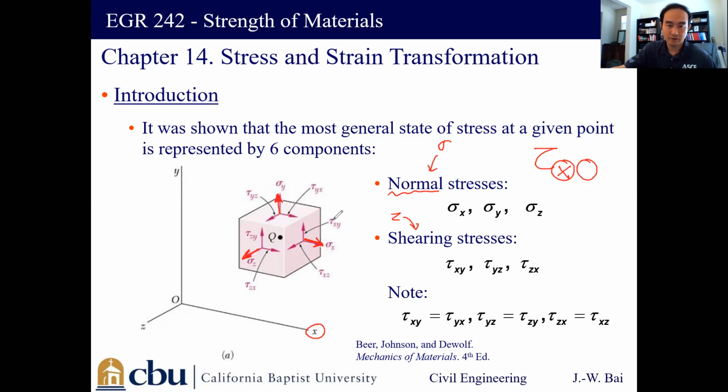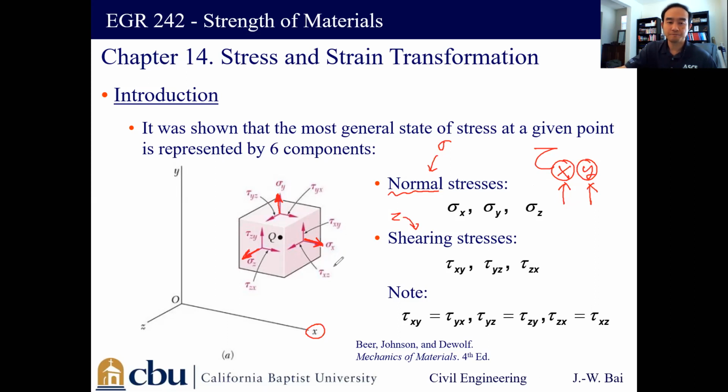That's how we determine the first subscript. The second one comes from the direction: which axis the component is parallel to. In this case we have two components, one parallel to the y-axis and the other parallel to the z-axis. So tau xy means it is on the surface perpendicular to the x-axis and parallel to the y-axis, and so on.